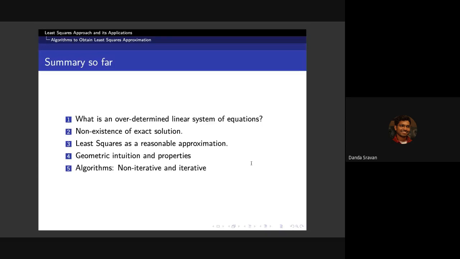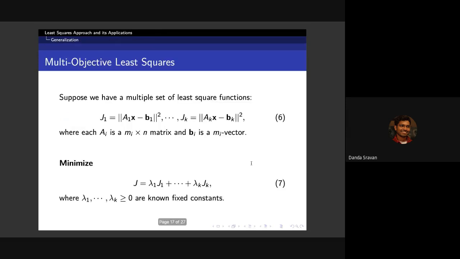So far we have seen how to compute least squares, but this is not directly applicable to my problems. In practice, I'll need a more involved kind of least squares, called multi-objective least squares. Instead of a single system of equations, I now have multiple systems with the same number of variables.